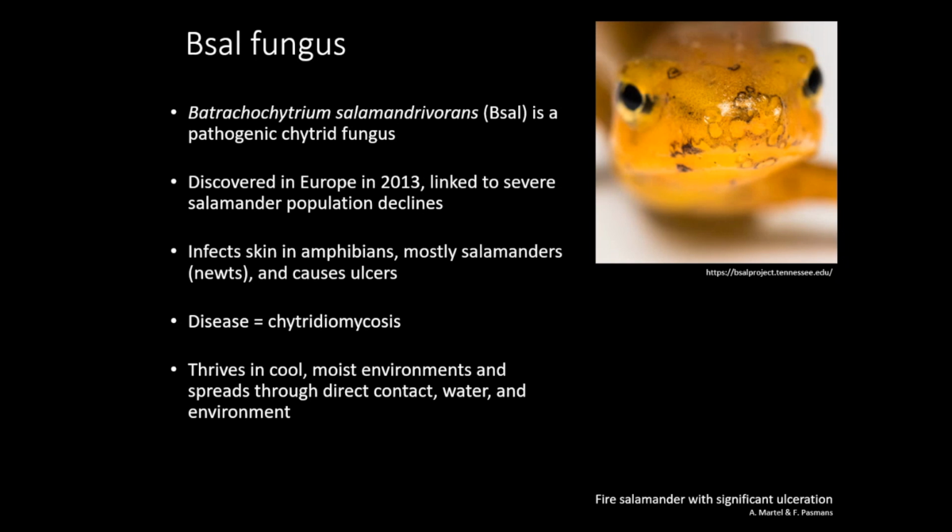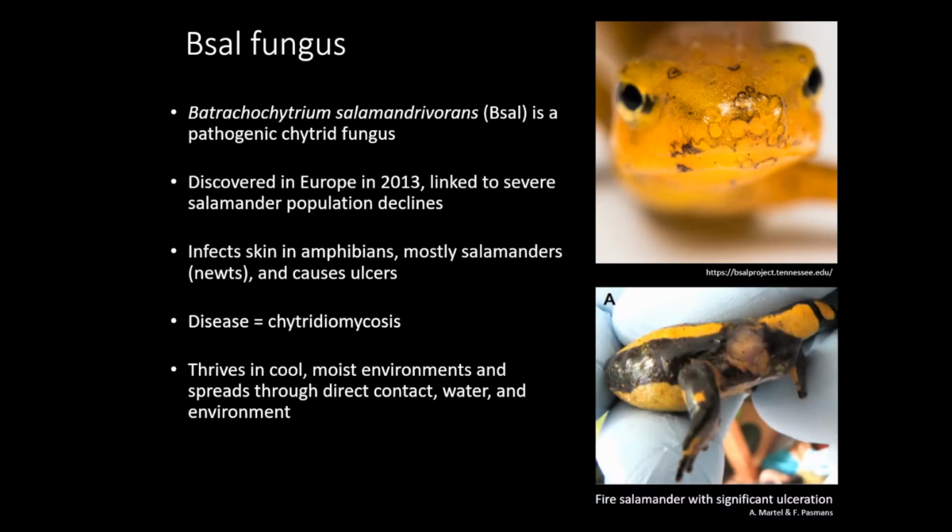And this B-Sal fungus just showed up in Europe in the 2010s and has been causing some devastating major declines in some salamanders there. So again, it's consuming the skin, and it looks a little different because in salamanders it actually causes these ulcerations that are really notable. And again, it can be spread by salamander, or water, or environment, or people, right?